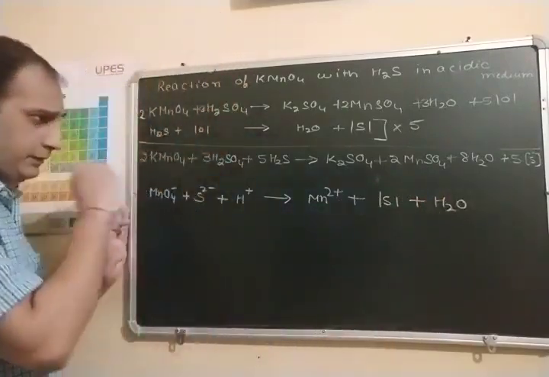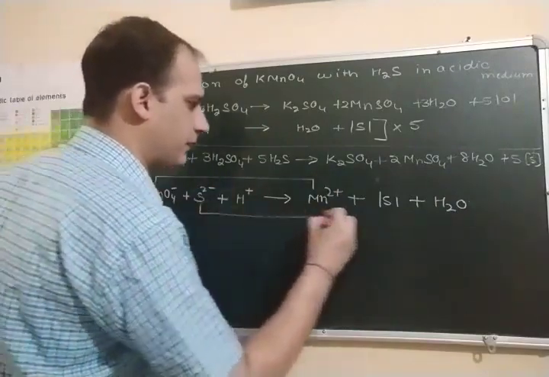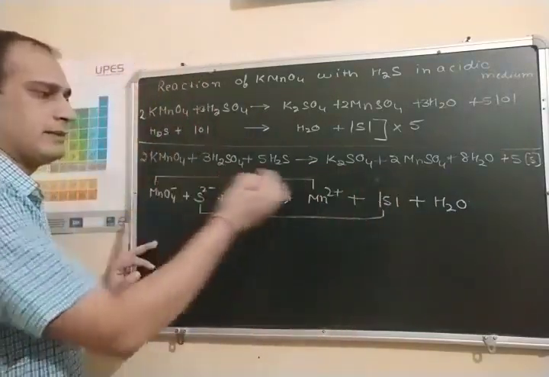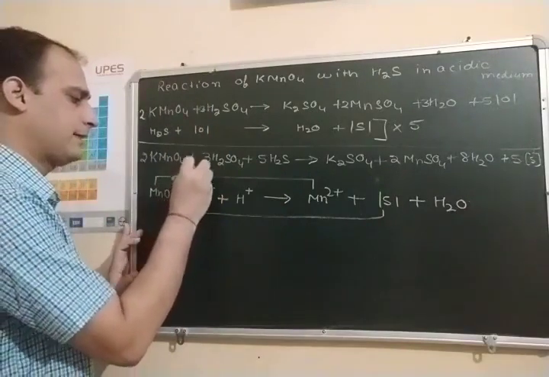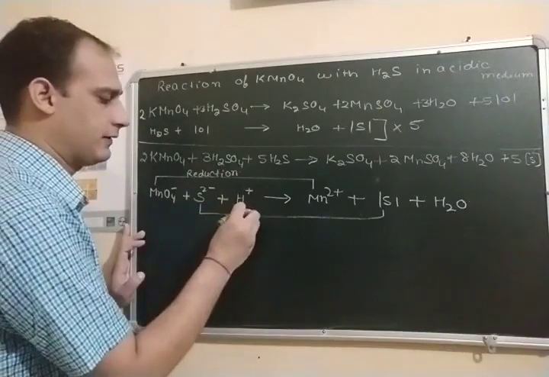And you can observe which species is undergoing oxidation, which species is undergoing reduction. There is a decrease in oxidation number. This species is undergoing reduction, and sulfide ion is undergoing oxidation.